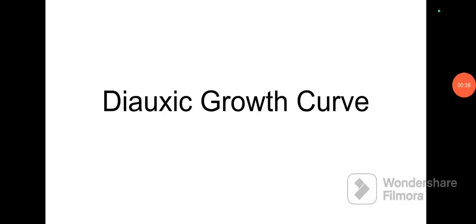So when you have two such carbon sources, one is simple and one is complex to degrade, the culture shows a typical type of growth phase which is having two lag phases and two exponential phases, one stationary phase and then the death phase. So this pattern of growth having two phases in it is called Diauxic growth curve.